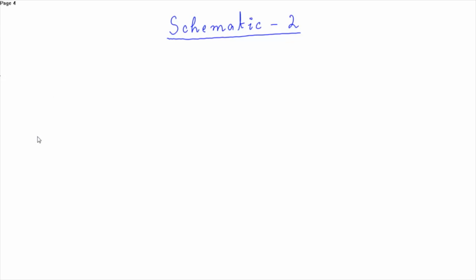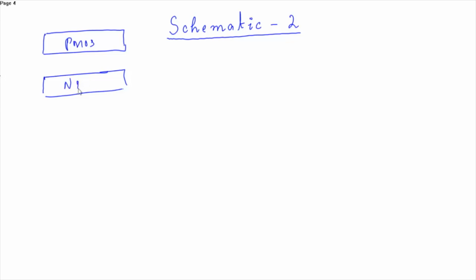Now in order to draw this twisted diagram, we have to keep in mind all the NMOS have to be placed at one side, and all the PMOS on the other side.